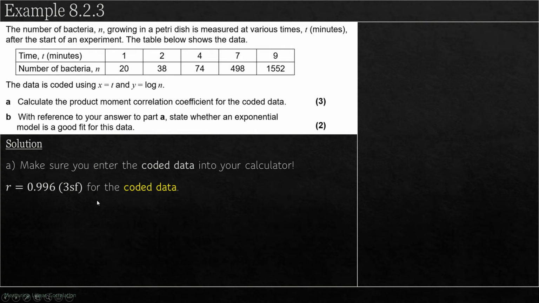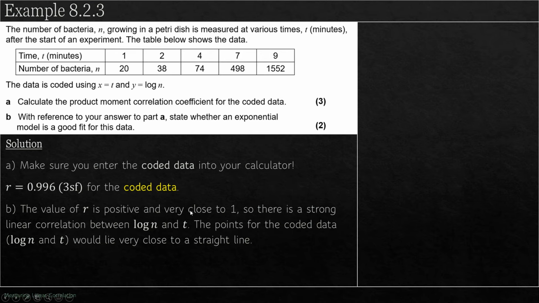So in this case, you can say since R is positive and very close to 1, there's a strong, you could say very strong linear correlation between log n and t. So when that happens, we know the original data would fit an exponential model.